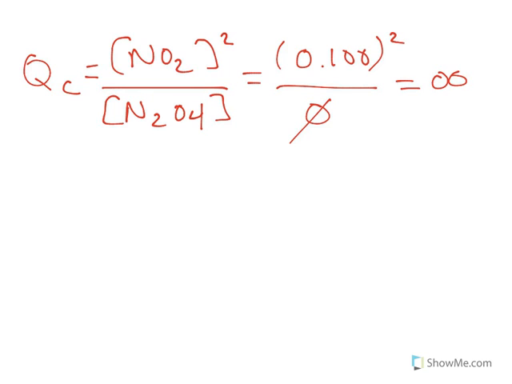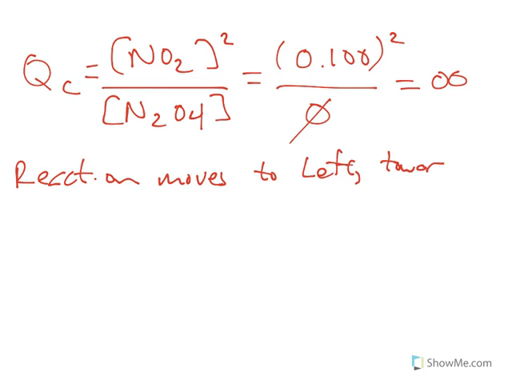It's way bigger than Kc, so we have way too much product, so we're going to move to the left, or towards reactants. Okay, no big deal. It just throws a tiny twist into our problem.